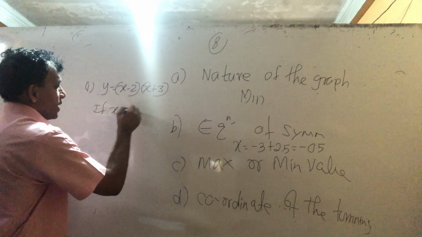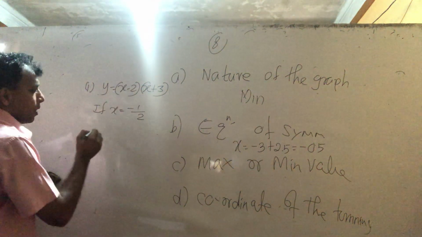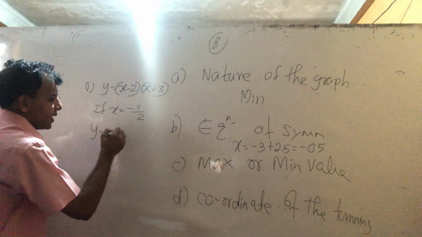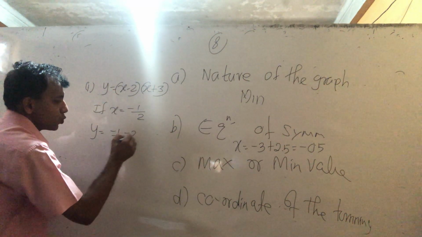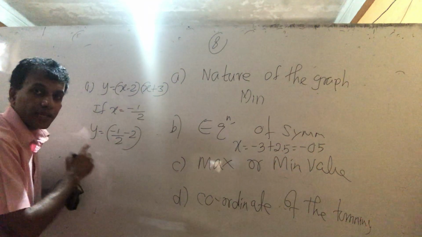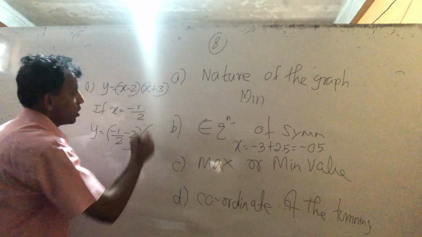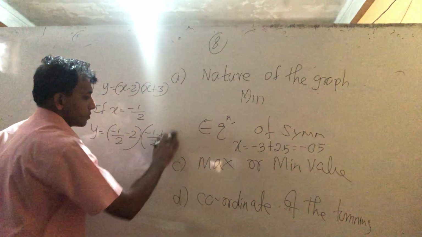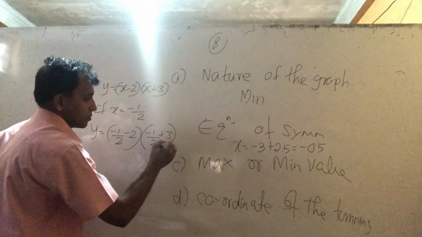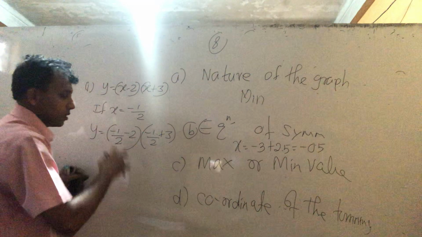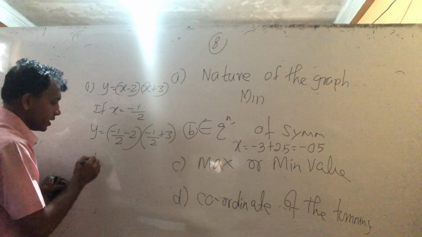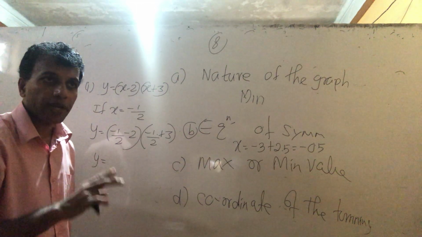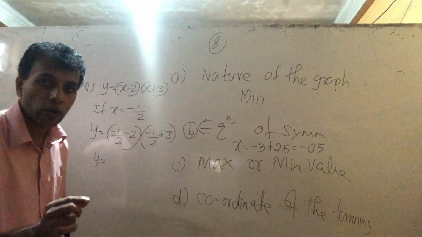Now put here: y equals (minus half minus 2)(minus half plus 3). Now simplify. What is minus half minus 2? Minus 2 and a half.